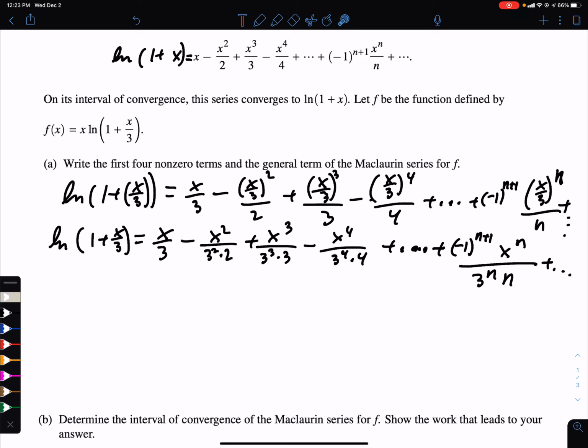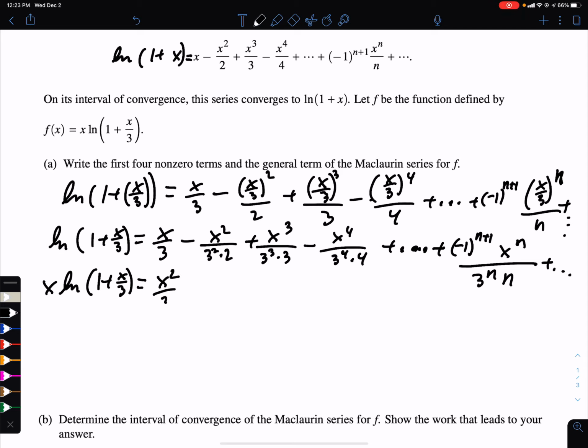So that was the composition, and then we're going to multiply by x. So if you multiply this function by x, you just multiply each term on the right by x.